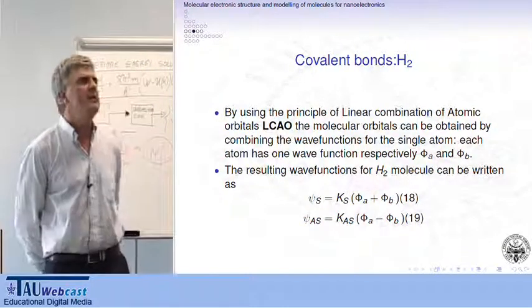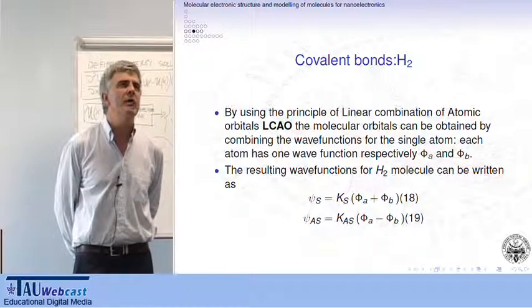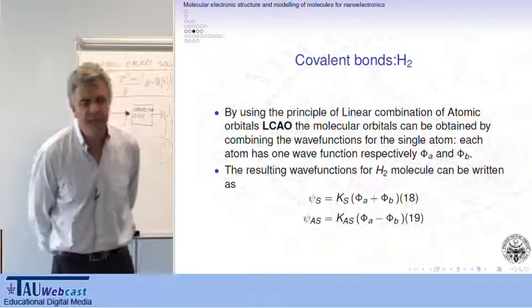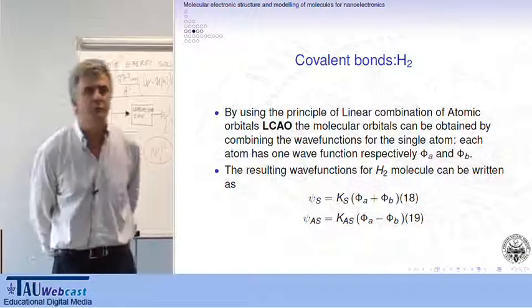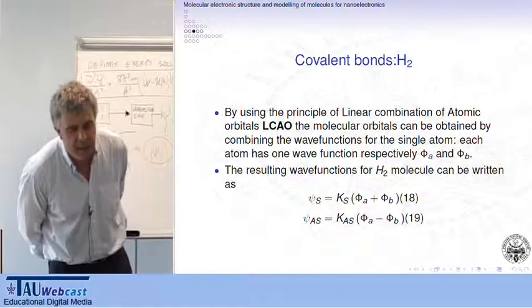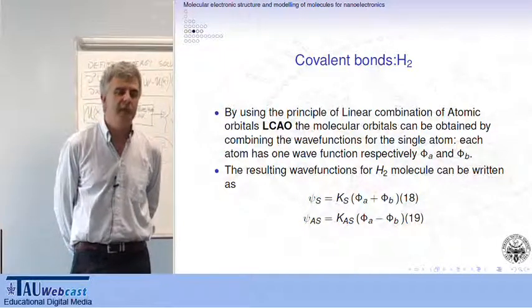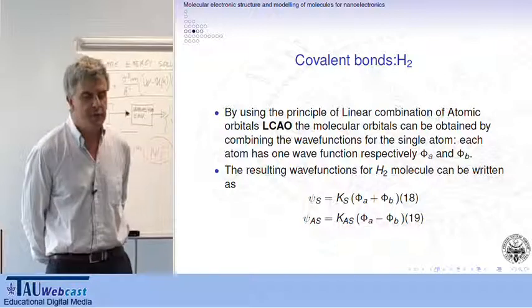We can imagine that each atom has one wave function, and when the atoms are separated, these two wave functions are the same. To distinguish them, we can call them phi A and phi B for the two hydrogen atoms.